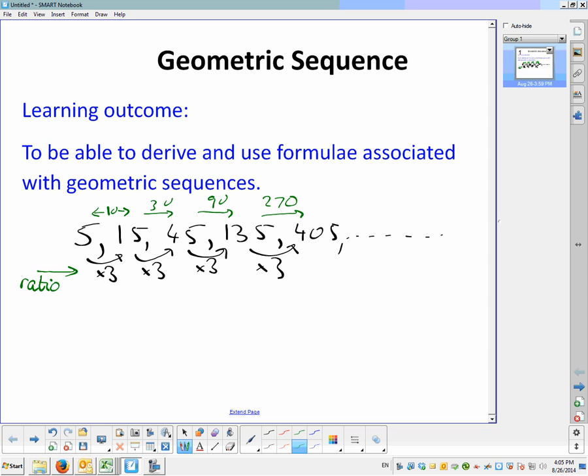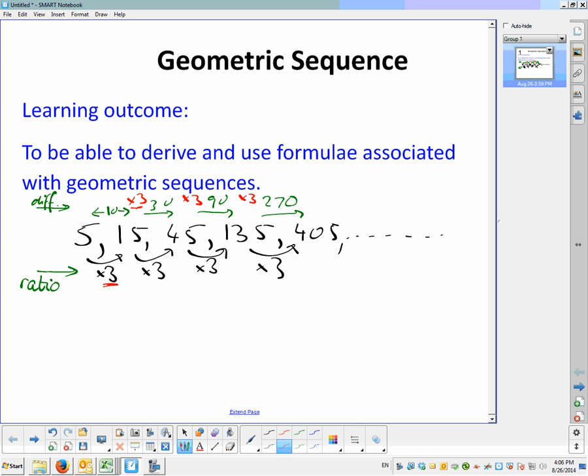What you may have just noticed, however, is that the differences up here also form a geometric sequence. It's being multiplied by 3, multiplied by 3, multiplied by 3. And that's an interesting little property of geometric sequences, that their differences also form a geometric sequence with the same ratio. So here the ratio is 3, it's the same as there. So that's one way you can recognize them.